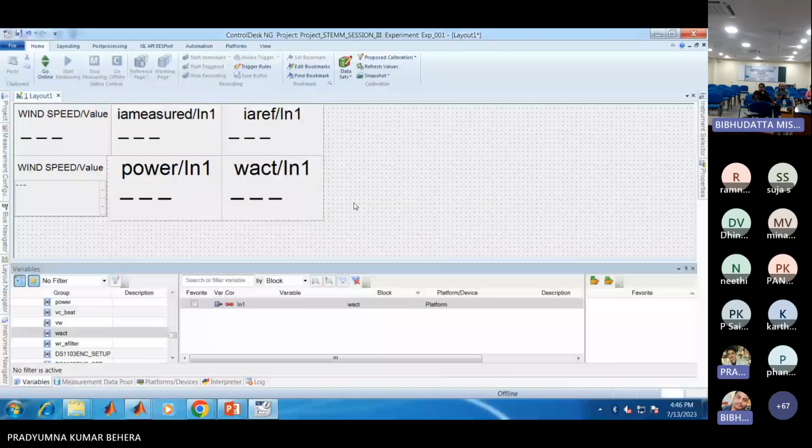So these are the things we want to check. We will check the tracking of armature current with the reference. We will check the turbine power and angular velocity of the turbine rotor.